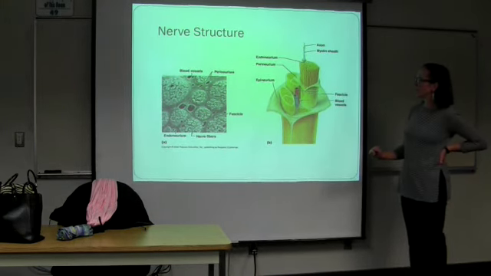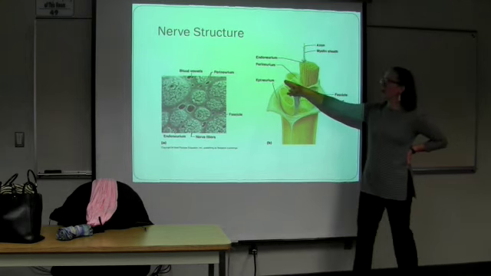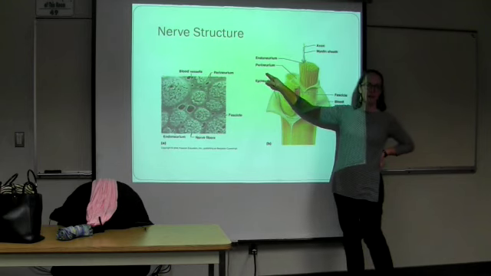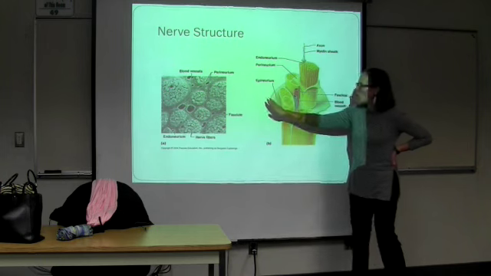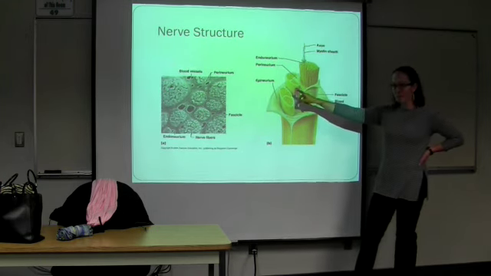The fascicles are surrounded by a small connective tissue sheath called the perineurium. P-E-R-I. The whole nerve is surrounded by the epineurium.